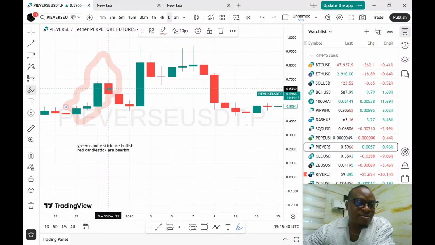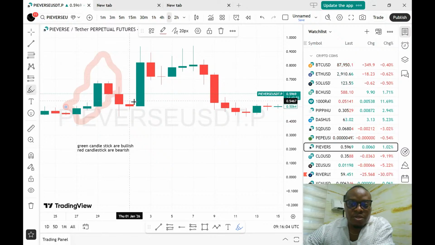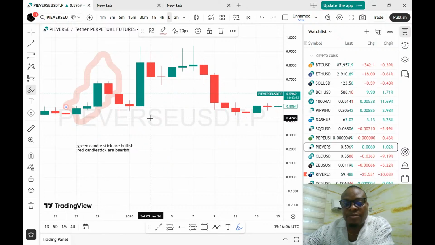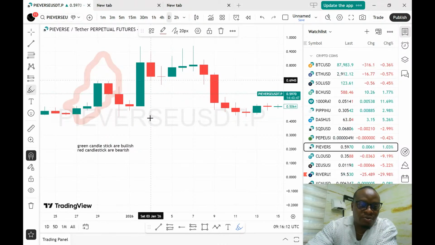Are you getting me? That does not mean it's not bullish. It's still bullish because the red candlestick closes within the same range as the green candlestick, so it's still a bullish trend. But generally, a red candlestick is bearish and a green candlestick is bullish.